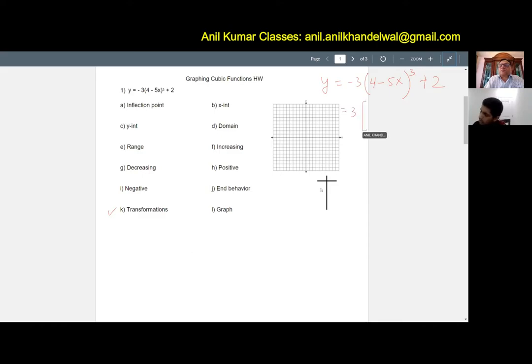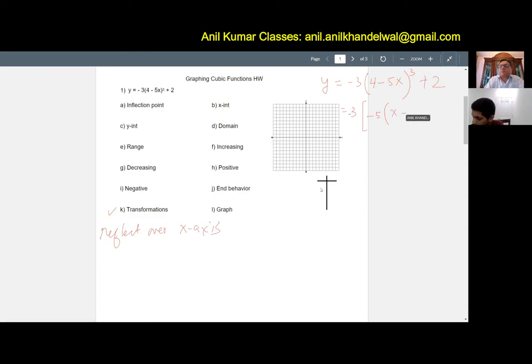So it's reflect over the x-axis, yes, minus 3 is outside. And then reflect over y, because you have to factor out the -5. Factor out the -5 first, which I'm doing, right?